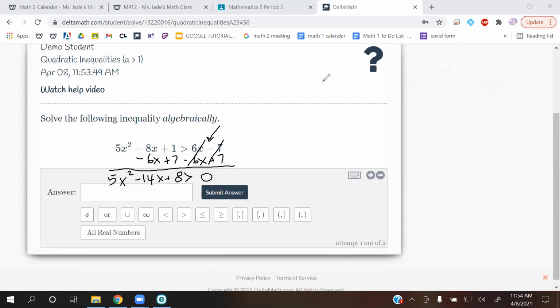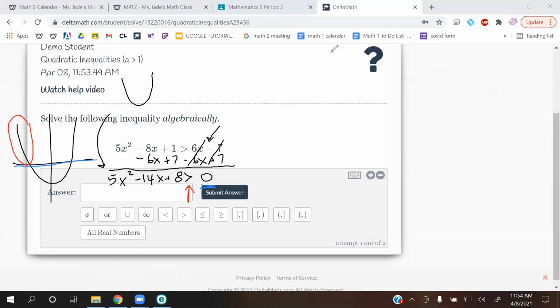Taking a look at the 5x squared, noticing that it is a positive 5, that means we have an upwards U shape. So our graph's going to look something like this. I don't know where the x-intercepts are, but I know it looks something like that. Since we're comparing it to 0, we're comparing it to this line. And since we want greater than, we want the sections that are above the blue line.